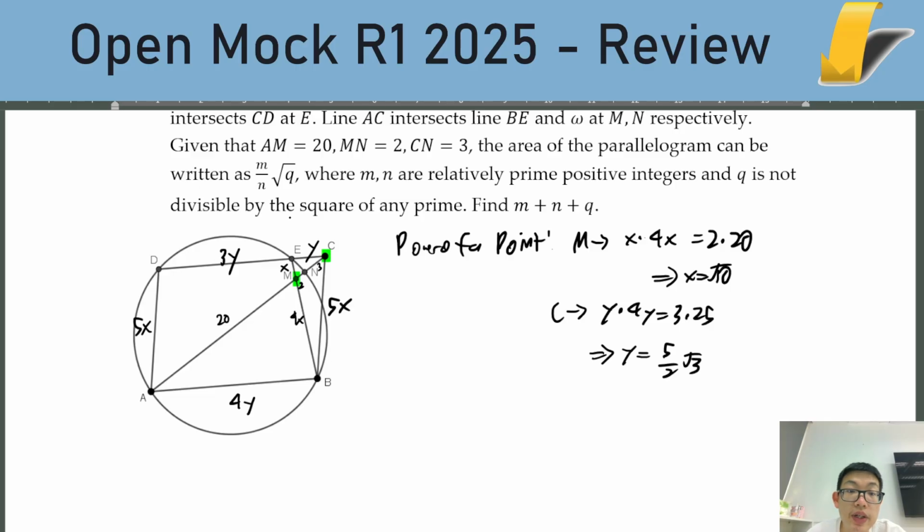Okay. One way that we can do it is that we can use the small triangle CEM, and just use the cosine rule.